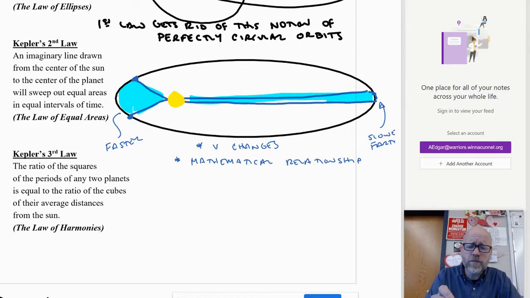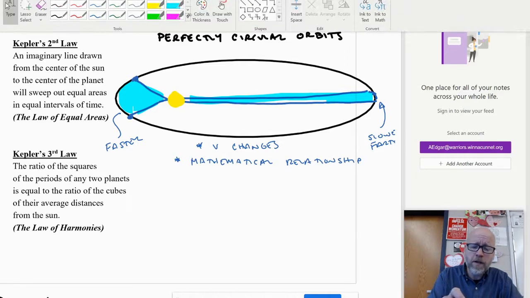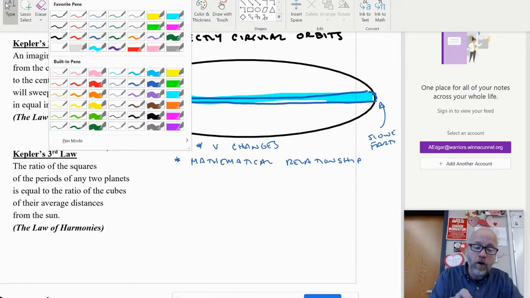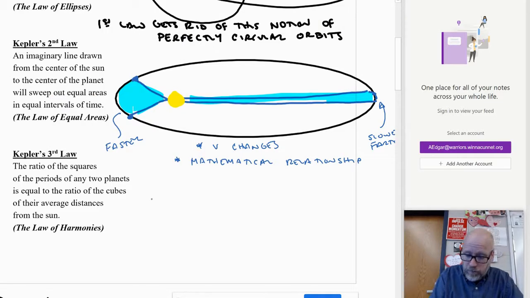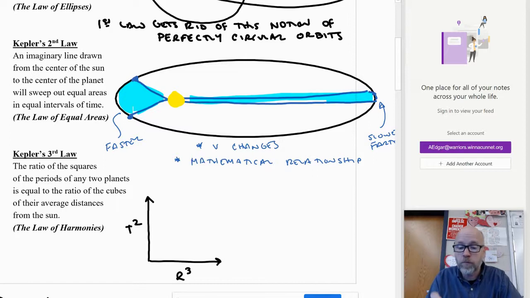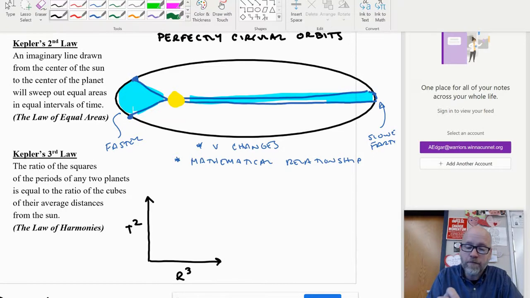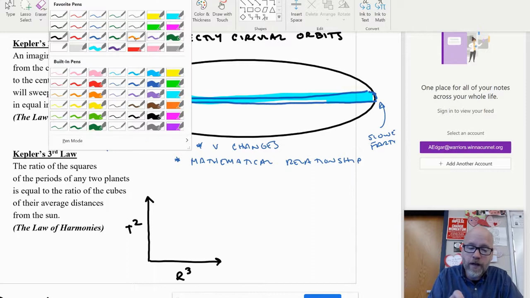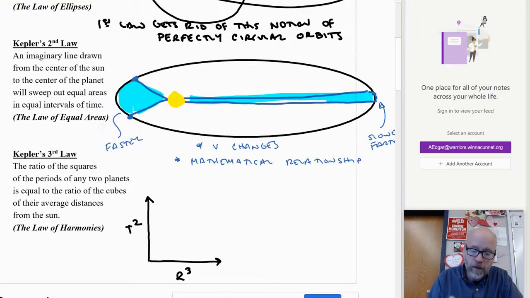Well, let's think of it in terms of a graph. What Kepler was able to do by looking at all of this data for those wanderers through the night sky was that he was able to graph, one way to think about it, different values on different axes. So if we were to graph period squared versus r cubed for the 5 known wanderers through the night sky, it turns out that they are a perfect linear line.